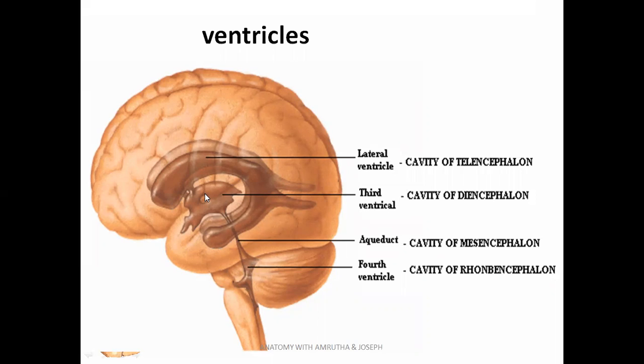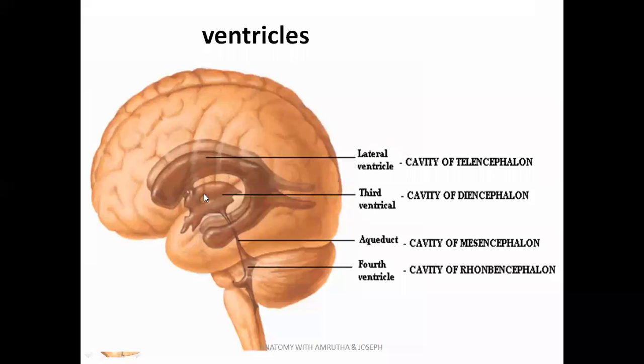This is the shape ultimately. You can see that the cavity is present throughout in this area, and they are called lateral ventricle. This is the lateral ventricle. This whole thing is lateral ventricle, which can be seen on either side. That is a cavity of telencephalon. Telencephalon is going to form the cerebral hemisphere. You can go back and read embryology of the nervous system to understand what is telencephalon.